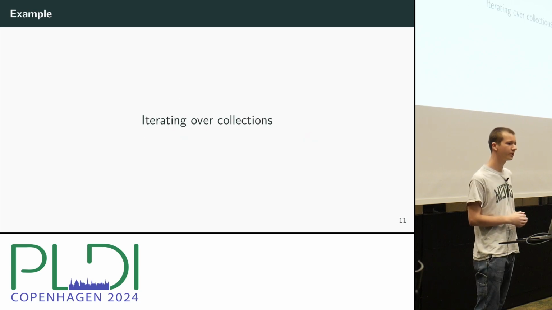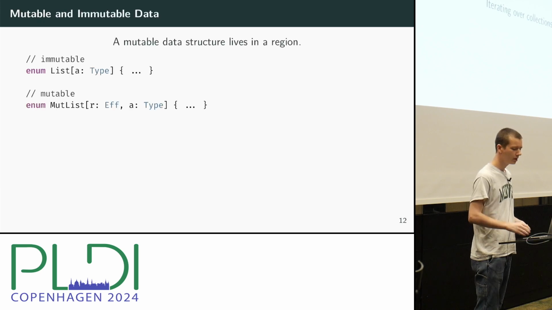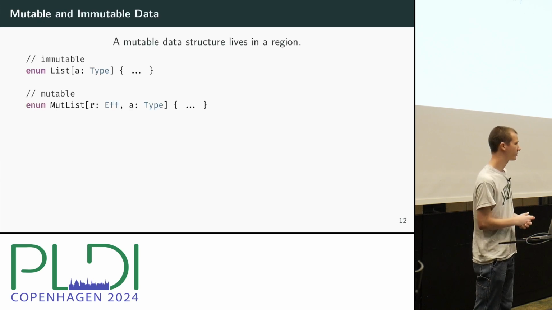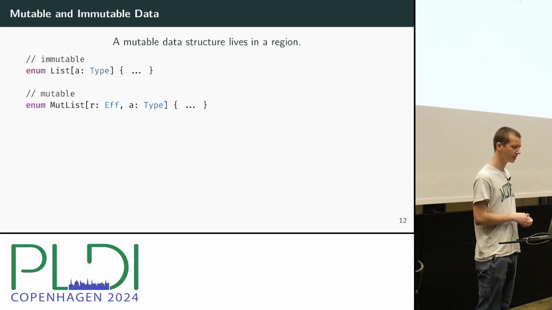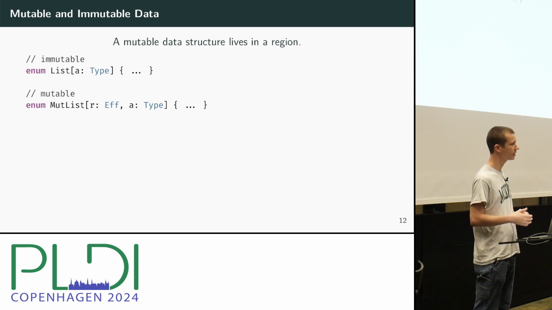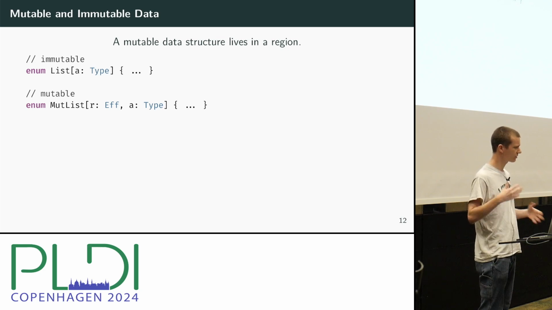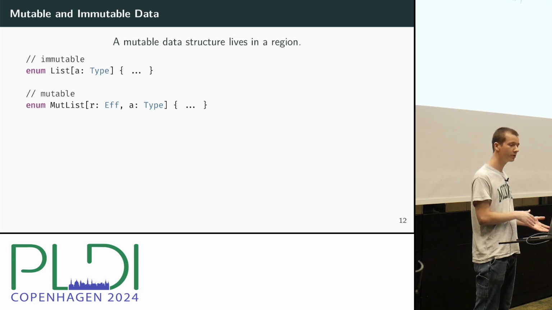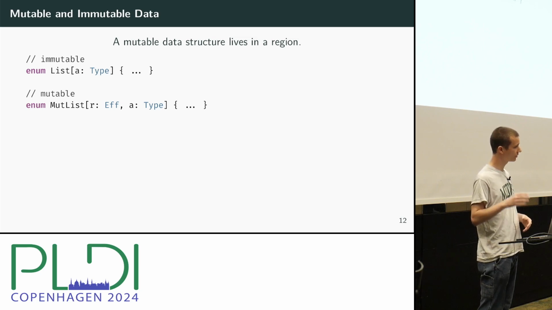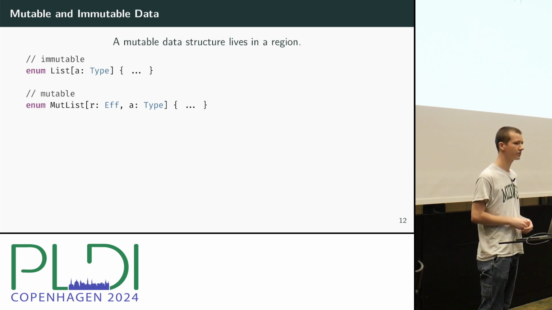Another example is dealing with iteration over collections. In Flix, which is the programming language that I'm using here, a mutable data structure lives in a region. So here we have an immutable list, which is our standard cons list, as well as a mutable list, which has both an element type A and this R, which is the region where this mutable list lives.